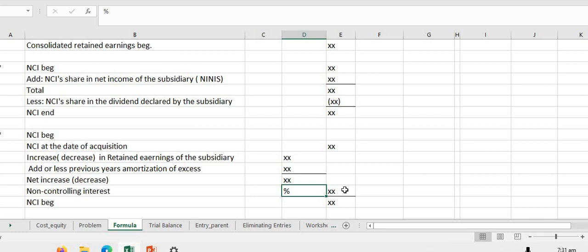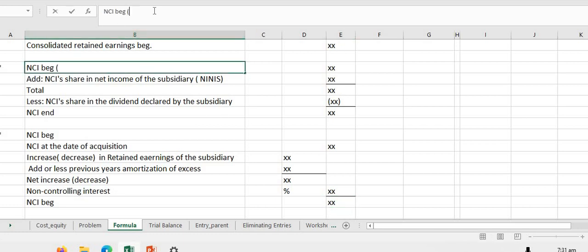Then, add natin sa NCI at the date of acquisition to determine the NCI beginning for the subsequent year.